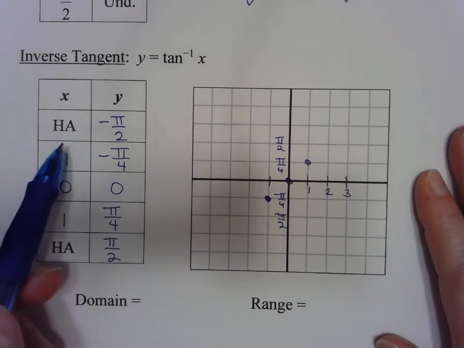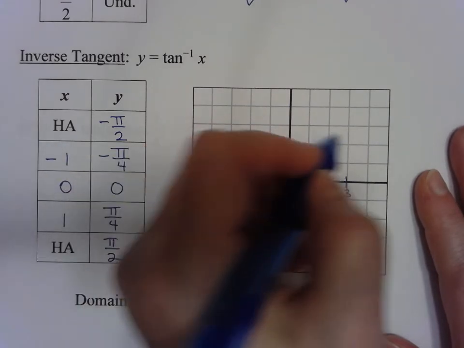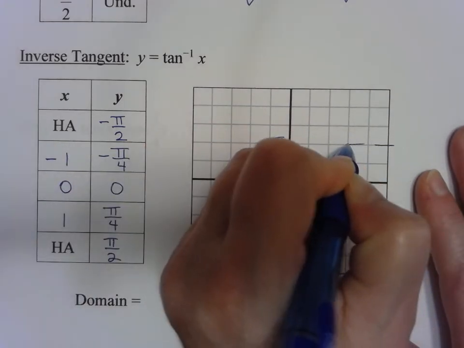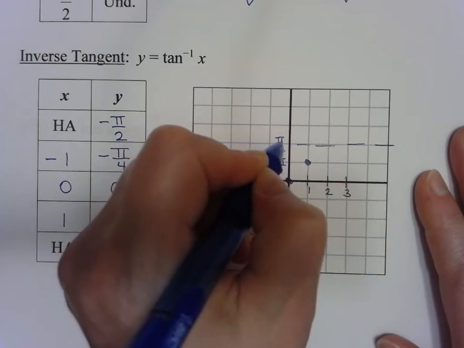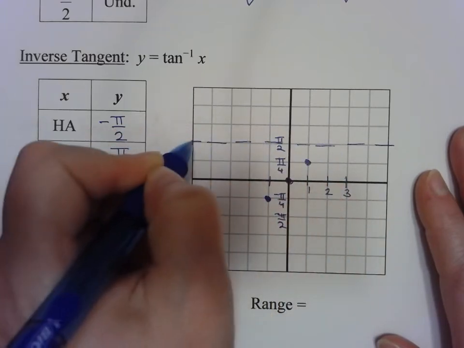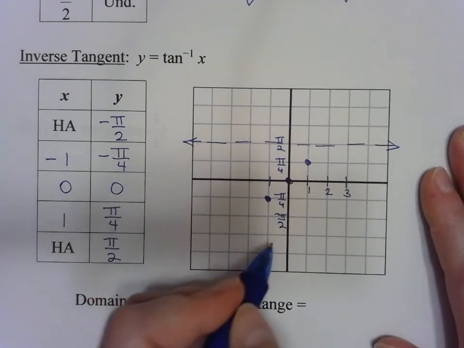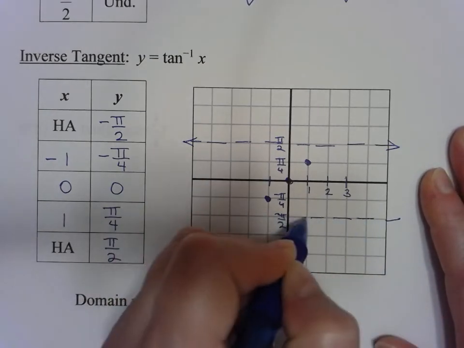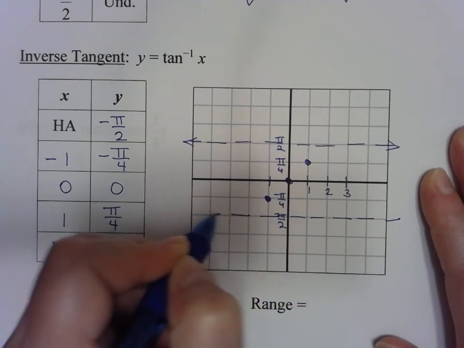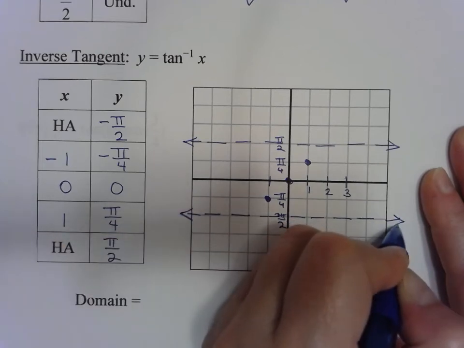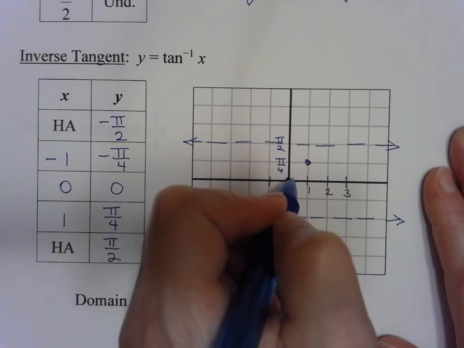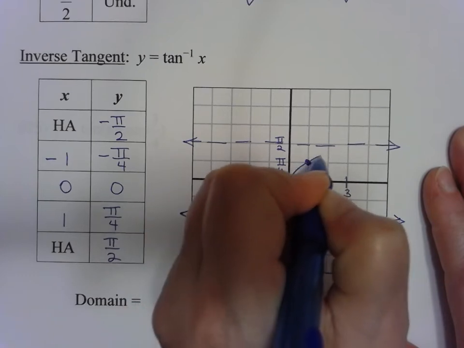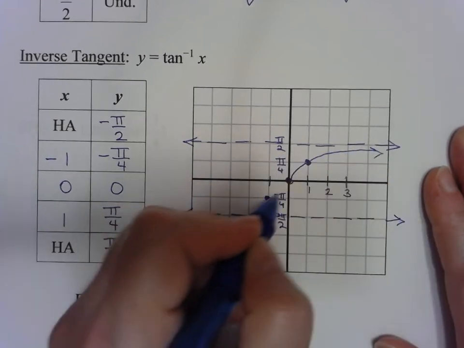Okay, and then just like we said earlier, we're going to have a horizontal asymptote at pi over 2 and at negative pi over 2. We could definitely plot more points if we needed to, but this curve should sort of look like this.